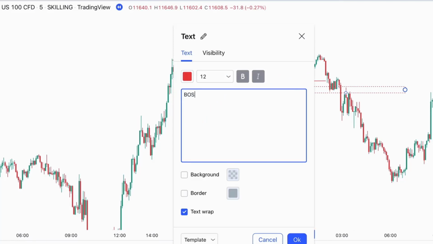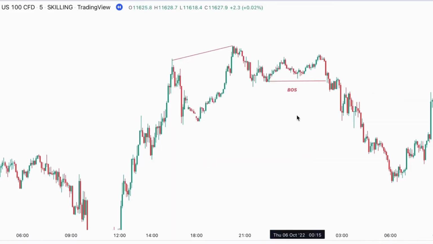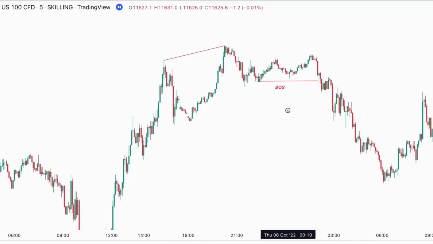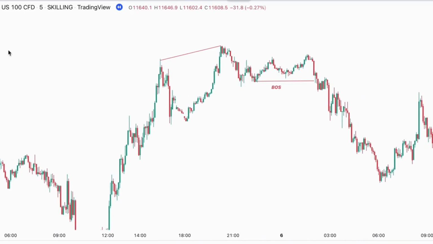So first we have this break of structure with momentum. So we select this order block as our point of interest.